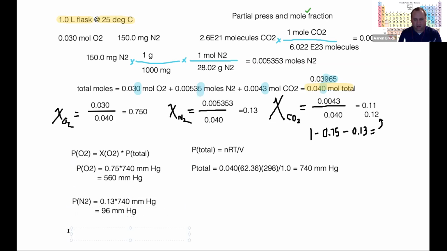And then finally, the carbon dioxide would be 0.12 times 740, which would be 89 millimeters of mercury.